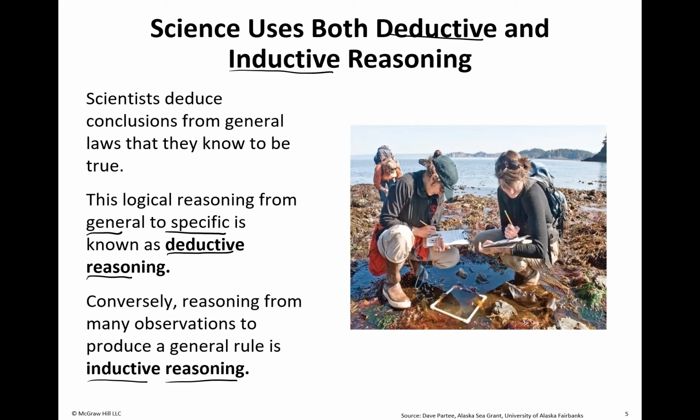Therefore, from these observations, we have induction, the conclusion that all organisms have cells. So this is from observations to a general conclusion. That's the difference between deduction and induction.